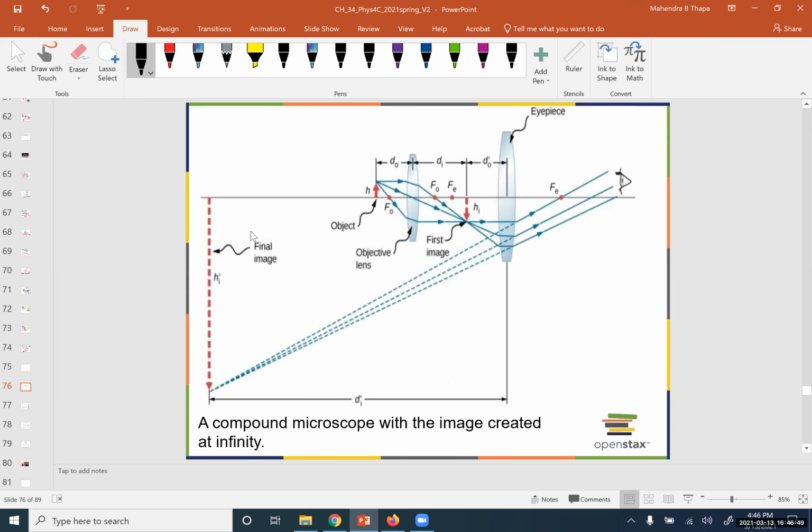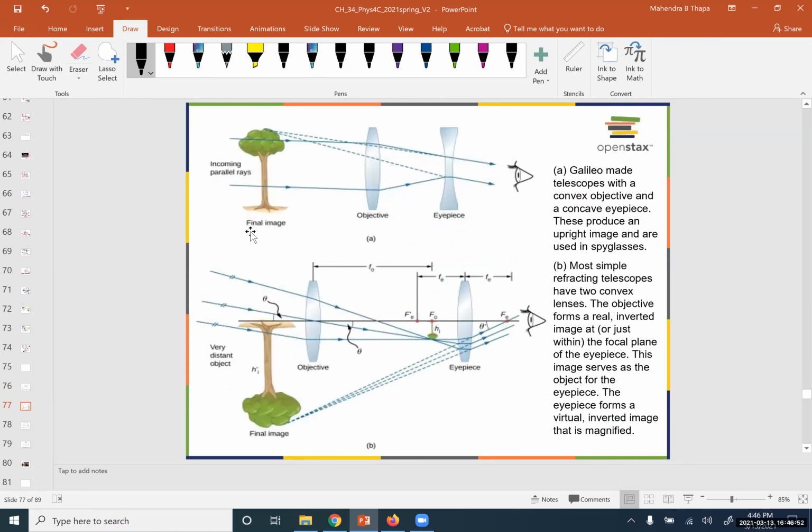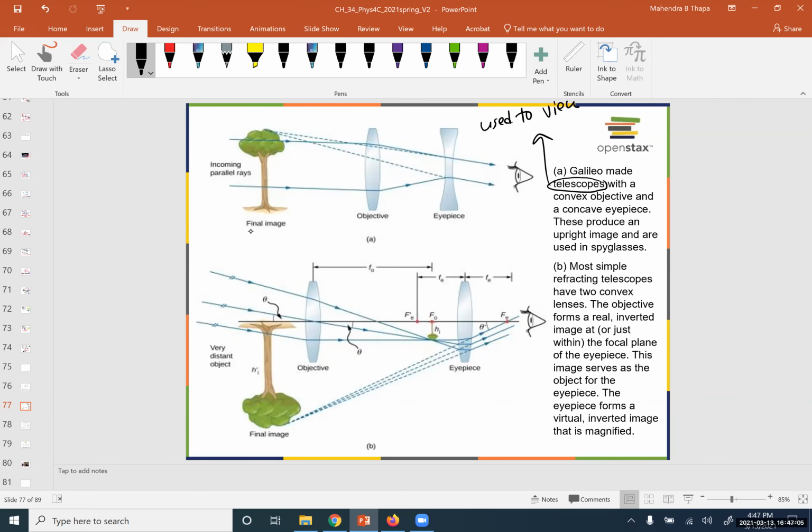Next, we can see how we can deal with the telescope. Okay, so the telescope is used to view objects on the Earth surface or space, both.